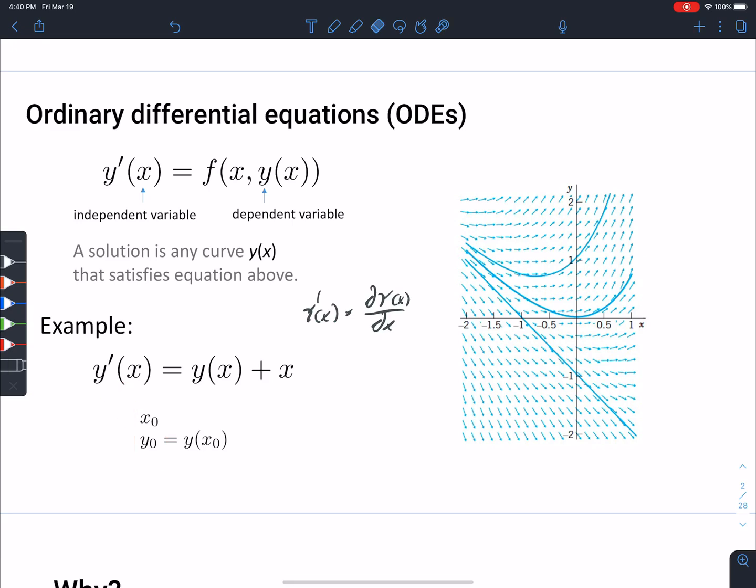So if we start, for example, at this initial point, this initial value, and let me choose a different color, then we compute the slope. We plug in x and y, and we get the slope. So we know at this point the slope should be pointing in this direction.